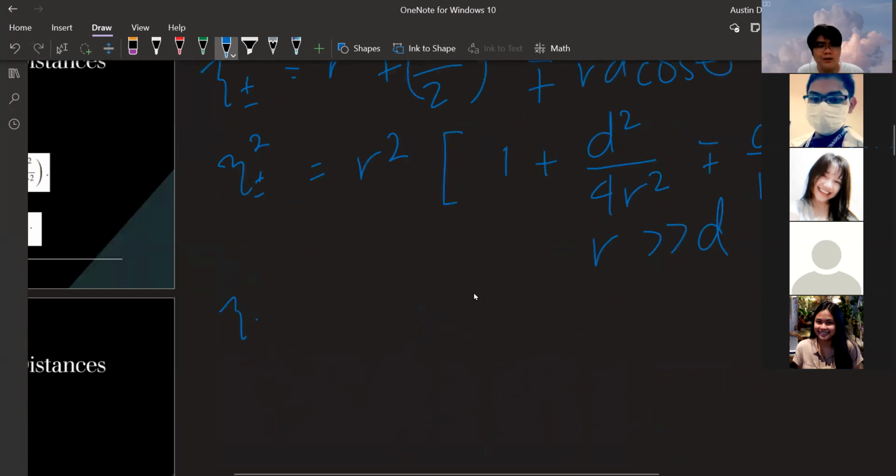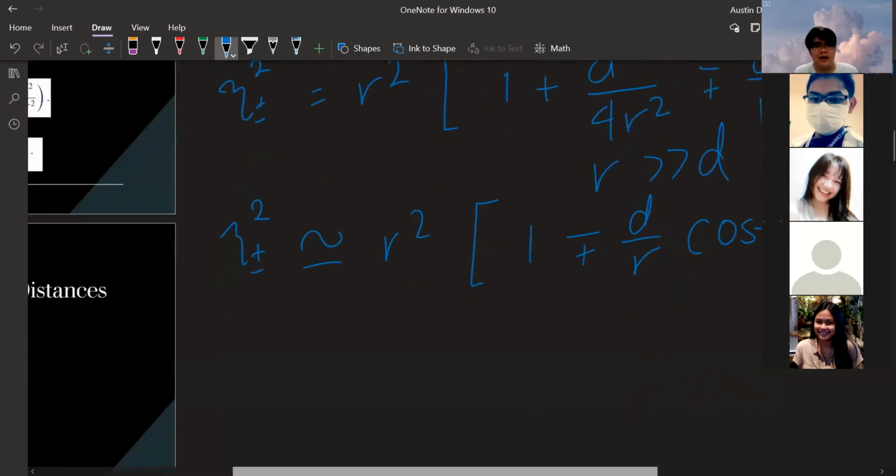So, curly R, plus minus, can be approximated to R squared, 1 minus plus D over R cosine theta. Okay, naglaho na lang si D squared kasi alam naman natin si R is much, much greater than D, and then in-square mo pa sila. So lalong lalayo yung difference nila. Si D over R, di siya maglalaho. Okay.